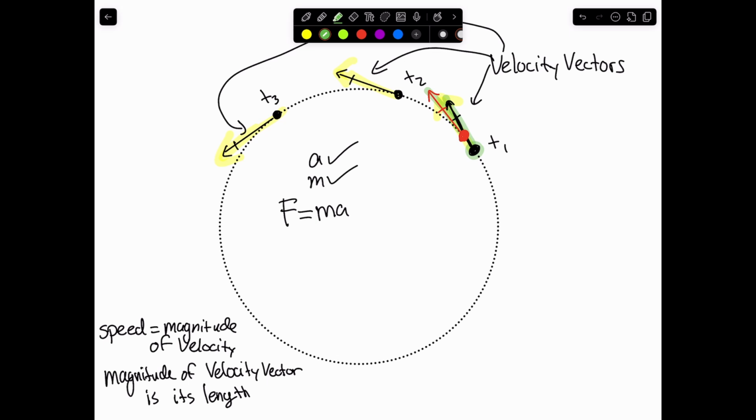And at each tiny microscopic instant of like 1 nanosecond, its velocity is going to be going tangent to the circle, and in the next, let's say, nanosecond, it's still going to be tangent in order to stay on the path of the circle.